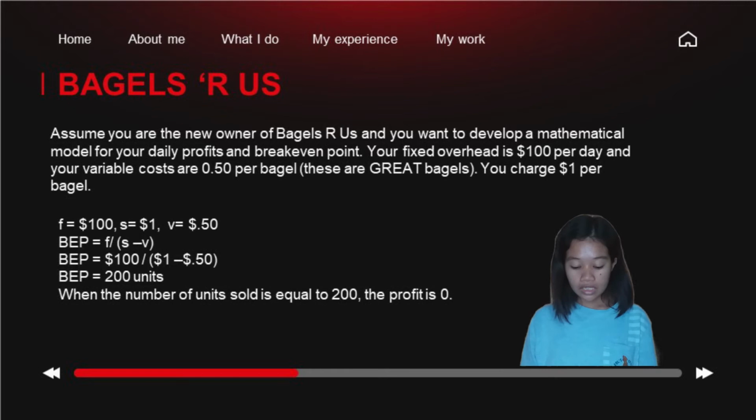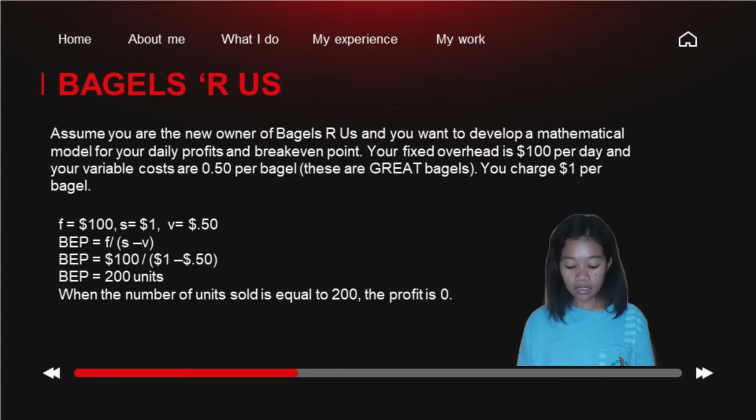So, let's take it to the BEP. F equals $100, S equals $1, and V equals $0.50.